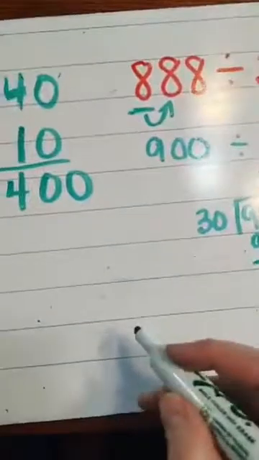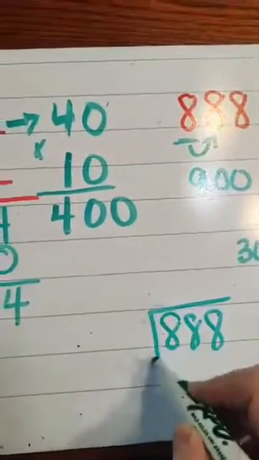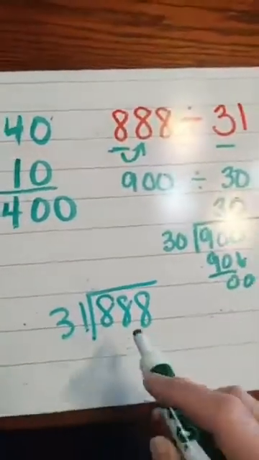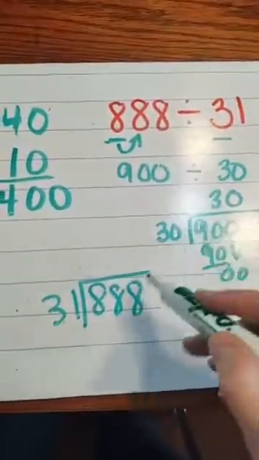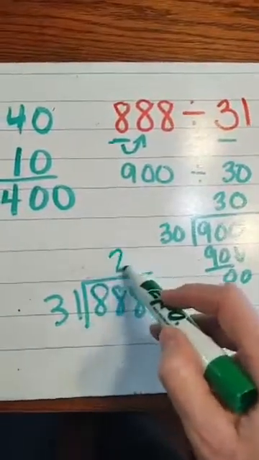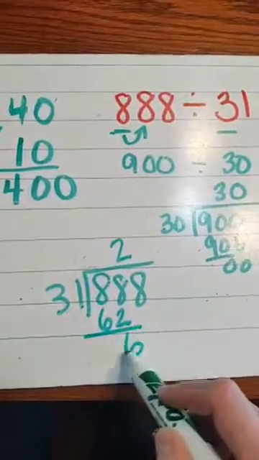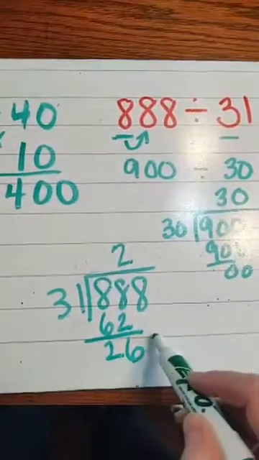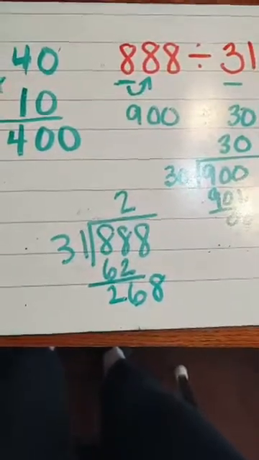Let's try the exact to see what we get. Okay, 31 into 88. Well, we know 30 goes into 90 3 times, so I bet this only goes twice. So that's 62. I subtract and bring down. Okay? Now, this is how I think about these.